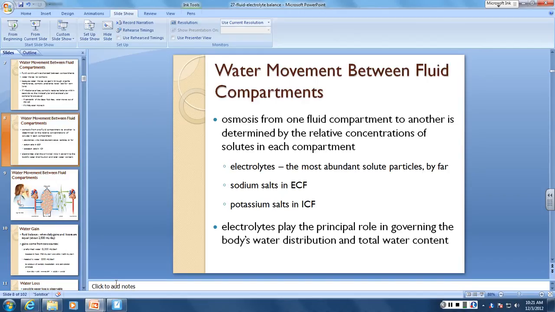Remember, sodium gates open and sodium rushes in because there's a higher concentration outside of the cell. Okay. Electrolytes play the principal role in governing the body's water distribution and total water content. So that's why it's so important for our electrolytes to be balanced.